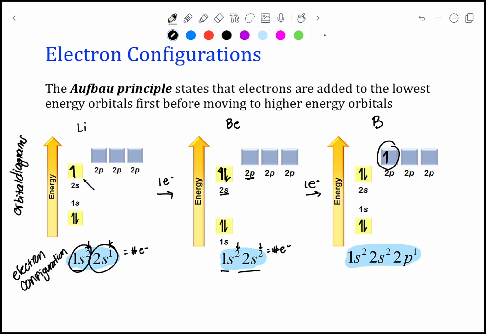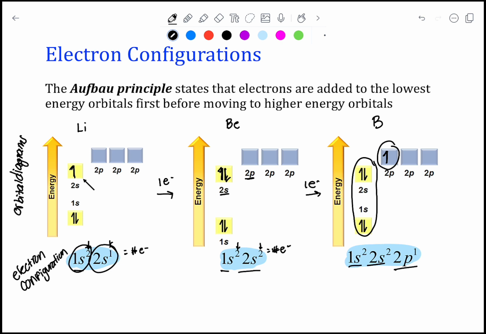Okay, so that's always a good way to check your work, to make sure that you have enough electrons in your electron configuration. Now, when I go from beryllium to boron and I add 1 extra electron, well, my 1s and my 2s, we can see that they're filled up. So the next possible place to put my electron, my 5th electron of boron, would be in the 2p.